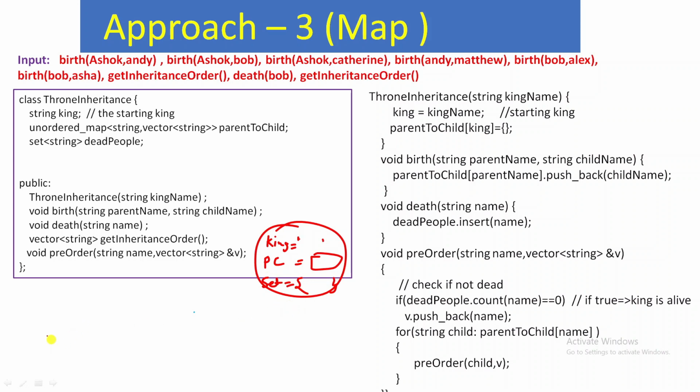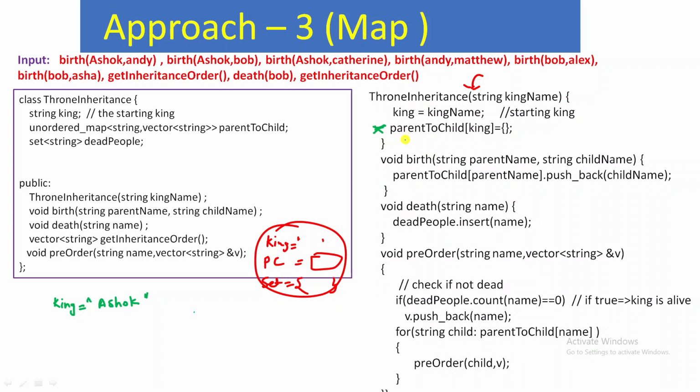So how we start: whenever the throne inheritance constructor is called for the first time with the name of the king, let's say Ashok, Ashok will be set here. So the king is set to Ashok, and then this line is basically optional, because it depends on the implementation. If we do not write this line also, our program will work.